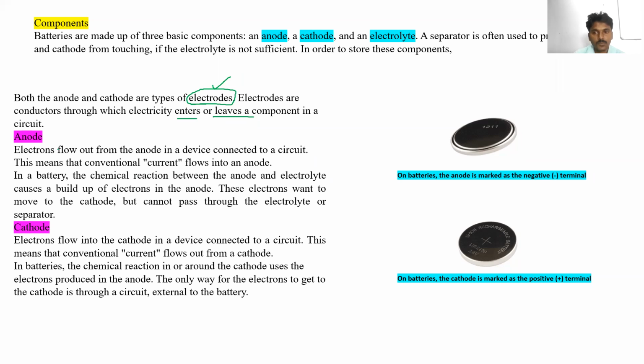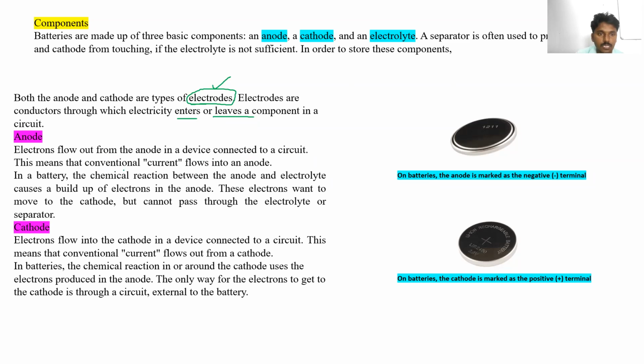Anode. Electrons flow out from the anode in a device connected to a circuit.